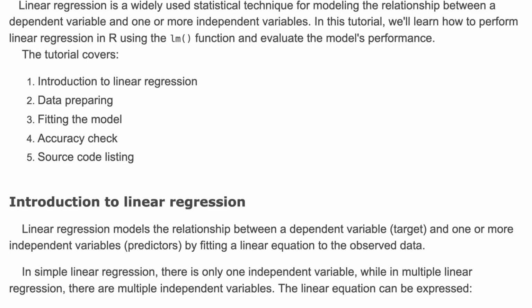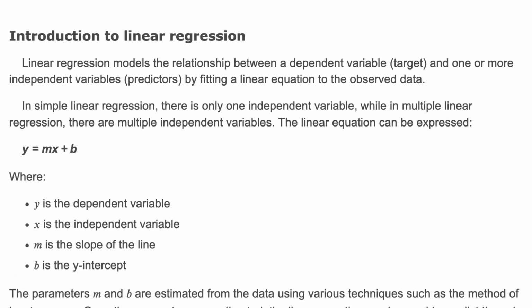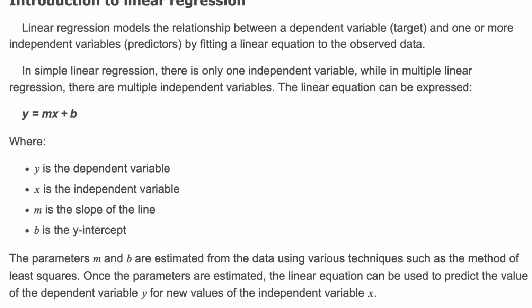The linear equation can be expressed as y equals mx plus b, where y is the dependent variable, x is the independent variable, m is the slope of the line, and b is the y-intercept. The parameters m and b are estimated from the data using various techniques such as the method of least squares. Once the parameters are estimated, the linear equation can be used to predict the value of the dependent variable y for new values of the independent variable x.